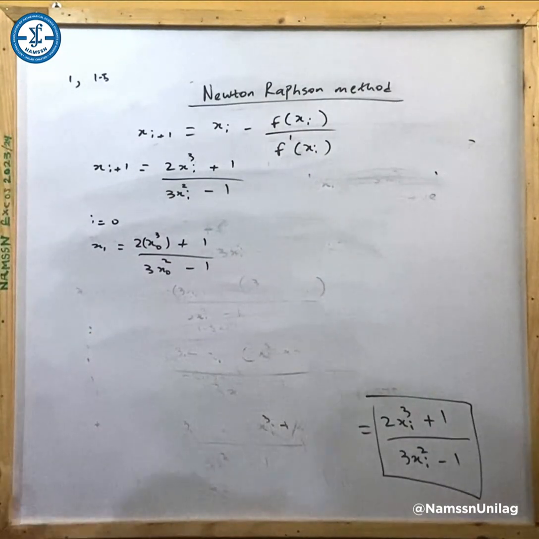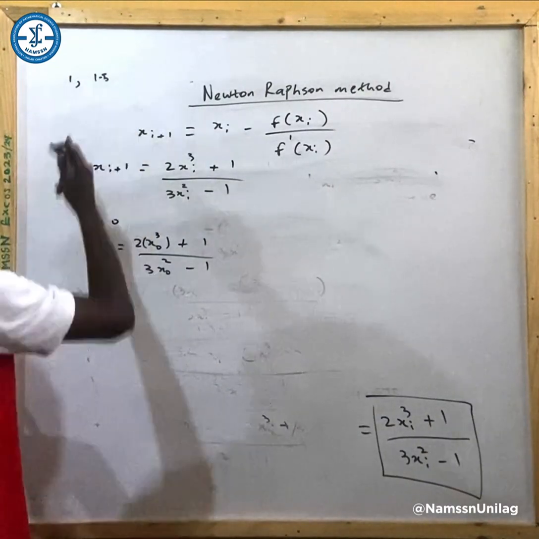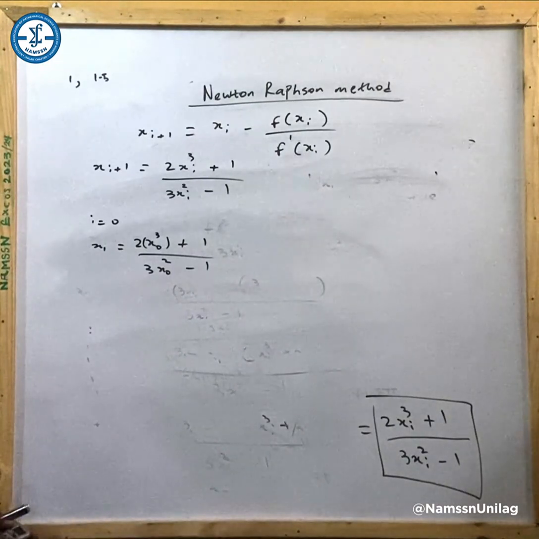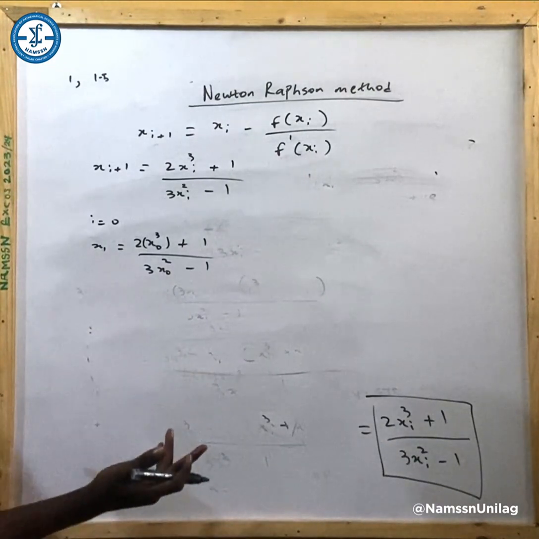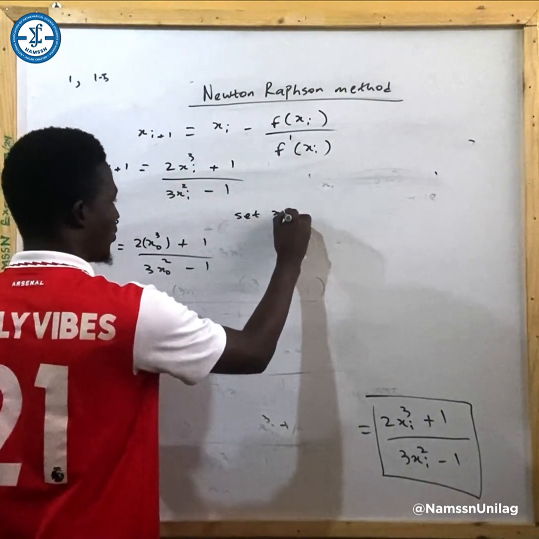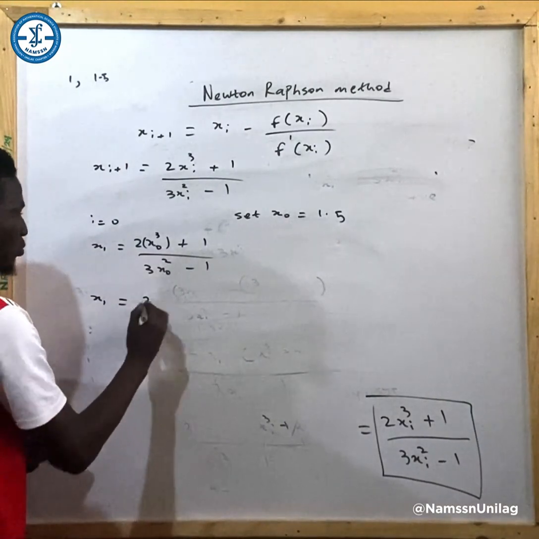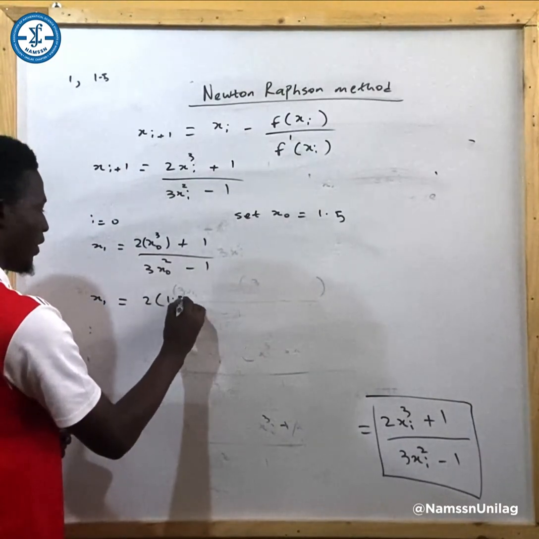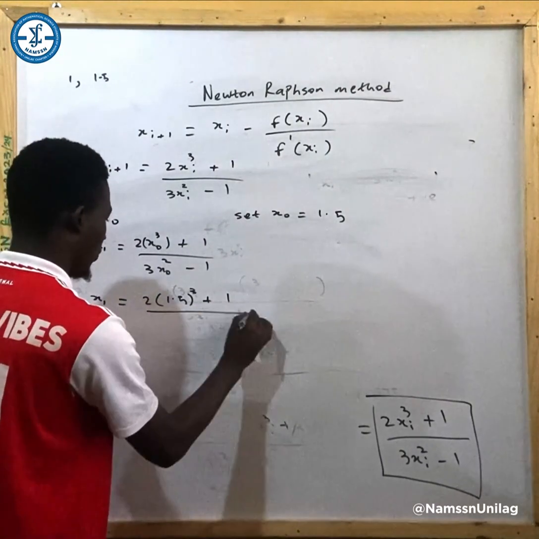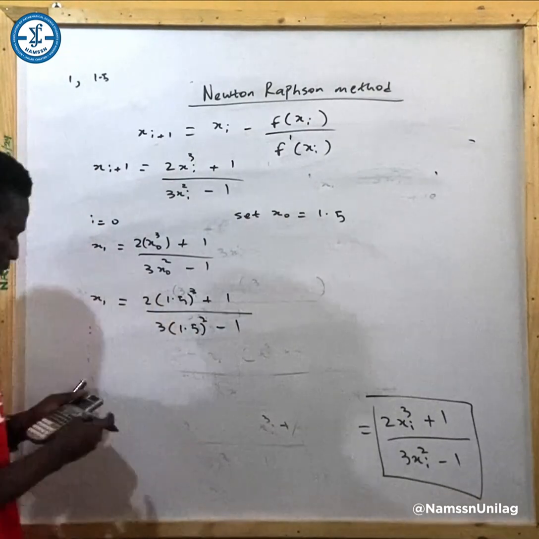Now I need my interval. Since I know my interval is between 1 and 1.5, I can pick any one of them to be my x0. Let's say I pick x0 to be 1.5. So my x1 becomes 2 into bracket 1.5 cubed plus 1 over 3 into bracket 1.5 squared minus 1.